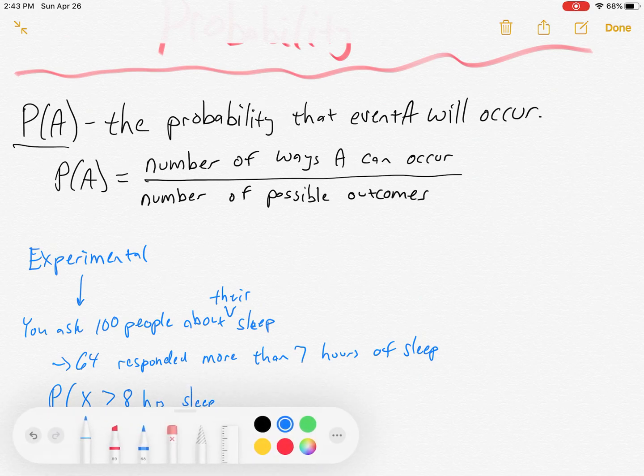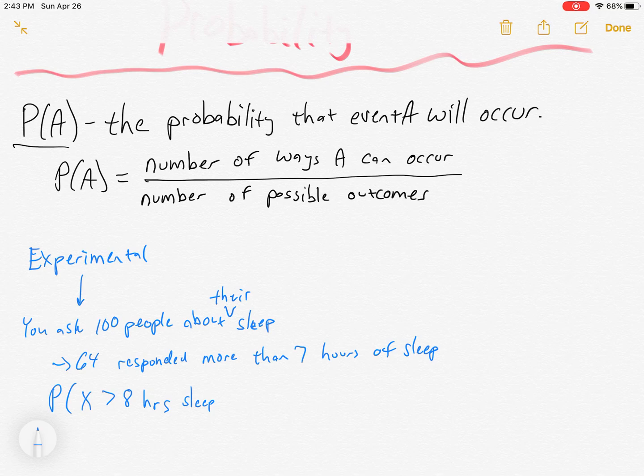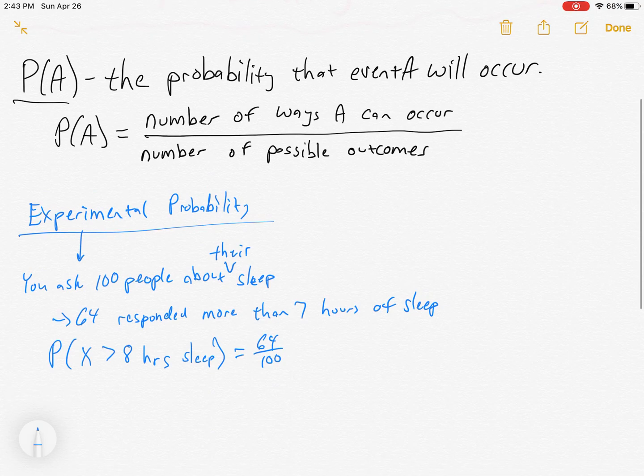So if you want to know the probability that one of these people, let's call X, got more than 7 hours of sleep, that would be 64 out of 100. That would be an experimental probability.